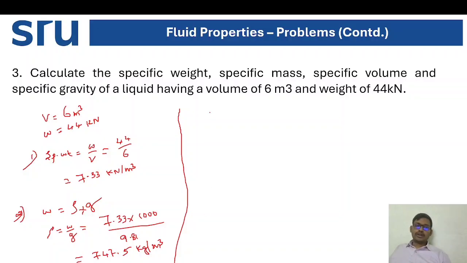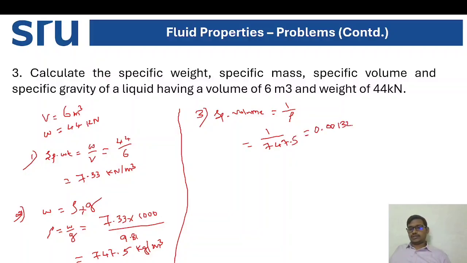Now we got rho, but they have asked another one, that is third one, specific volume, that is equal to 1 by rho. Already we have found rho, that is equal to 1 by 747.5, 0.00134 meter cube.